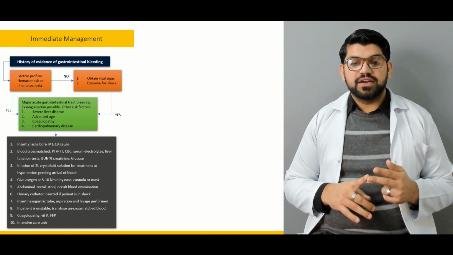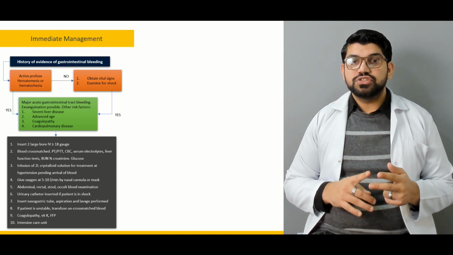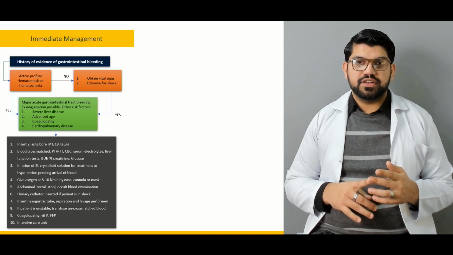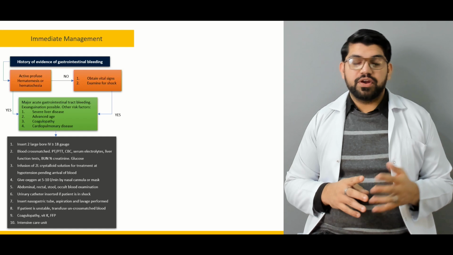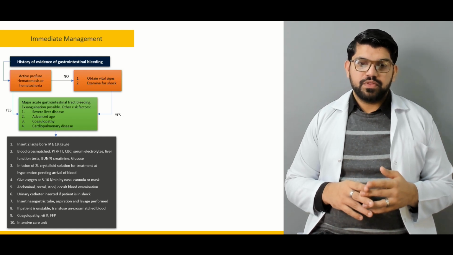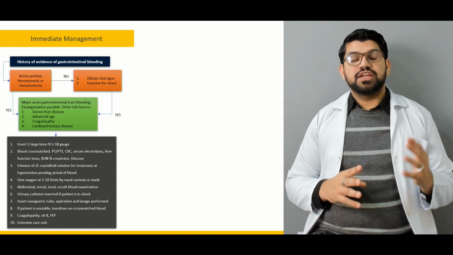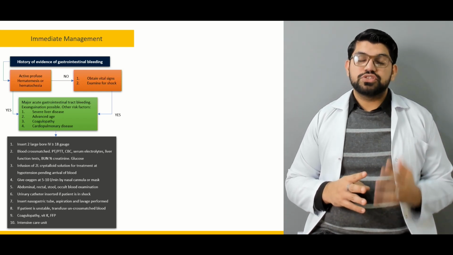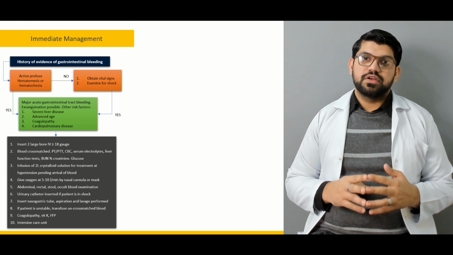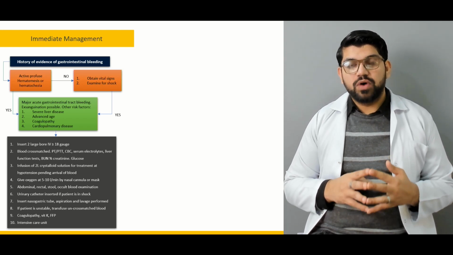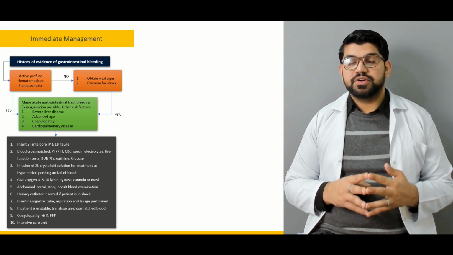Next, abdominal examination, rectal examination, and stool for occult blood examination. These are very, very important. This can give you a rough idea where the patient is bleeding from. Urinary catheter insertion. Why? Because in shock, you have to see the urinary output, and the patient should have enough of it, that's 0.5 to 1 ml per kg per hour.